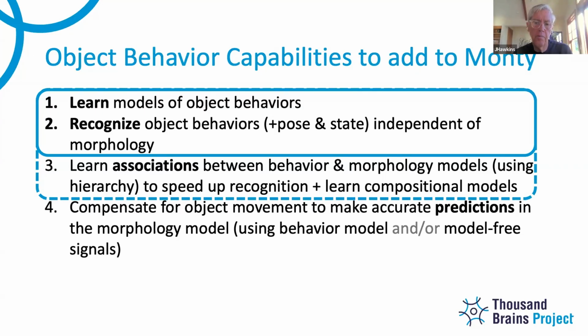The only thought I had was that I thought number three would sort of occur naturally as you do number one. Exactly. That's why I put this dash box, because I feel like if we implement one and two, three should kind of naturally come out of it. Right. Seems like when we learn about behavior, we almost always learn it in the context of a particular morphology model, and therefore, then we do three again later.